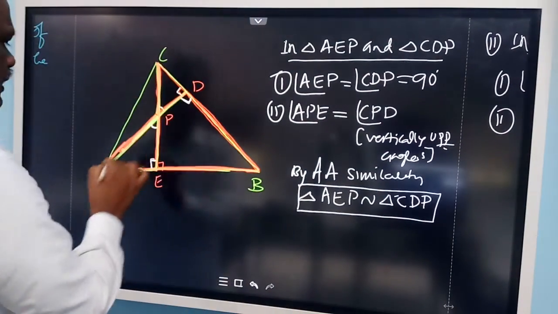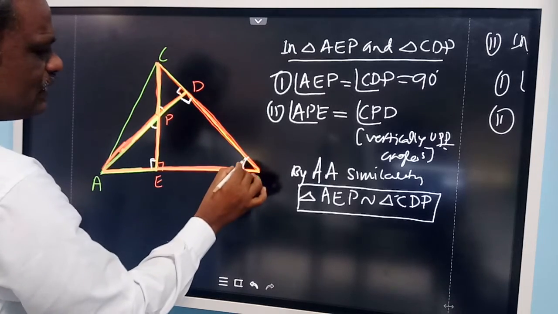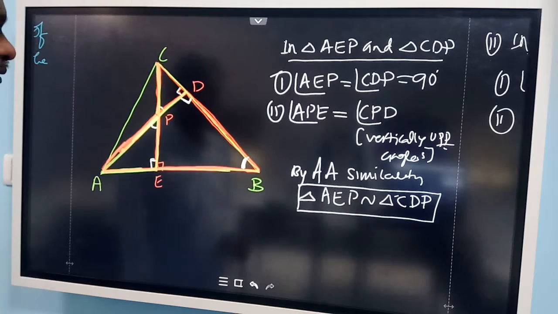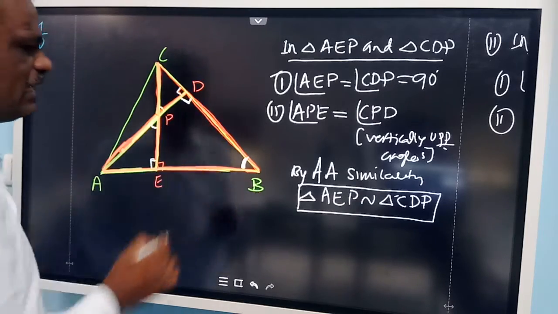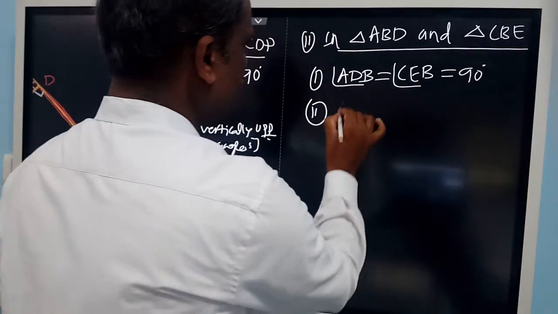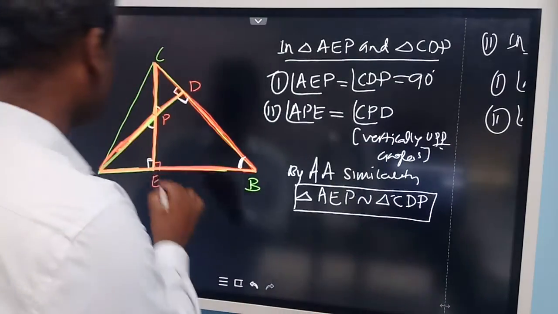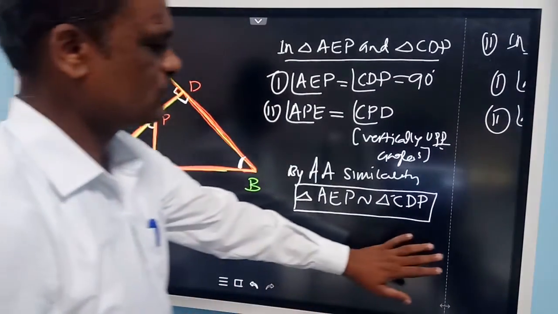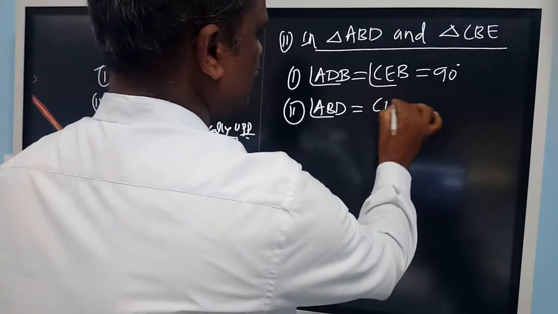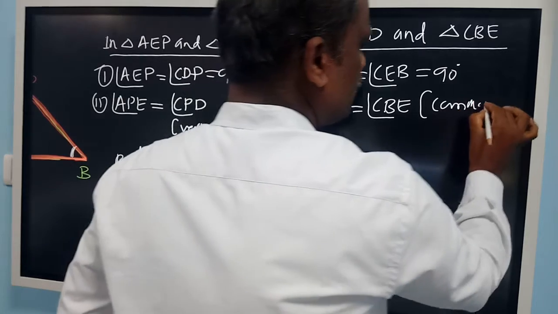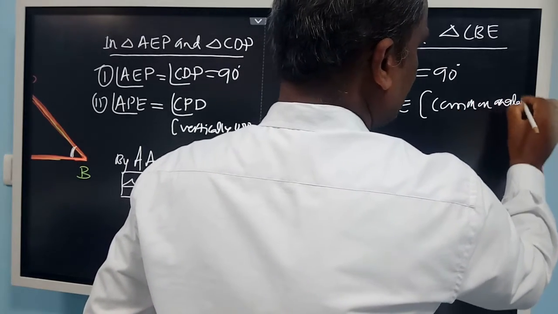In ABD we have this angle B, and in CBE also we have B common. So angle ABD is equal to angle CBE. The reason is common angle in both the triangles.